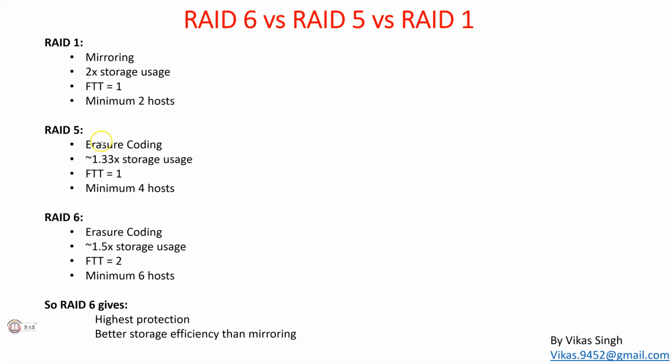RAID 5 uses erasure coding, around 1.33x storage usage, failures to tolerate is one, and the minimum number of hosts required is 4. RAID 6 uses erasure coding, around 1.5x storage usage, which is a cost on your storage side, but it gives you the benefit of failures to tolerate 2, and the minimum host requirement is 6. So RAID 6 provides a high level of protection, with better storage efficiency compared to RAID 1. This makes it a very powerful option in enterprise environments.